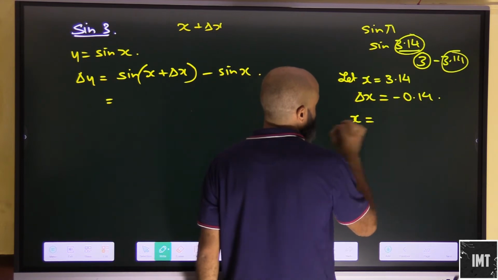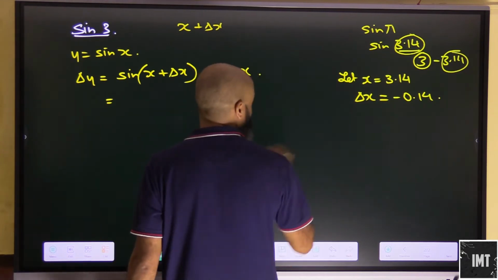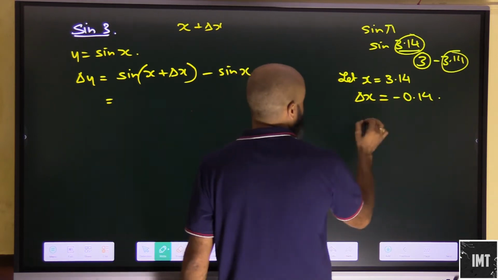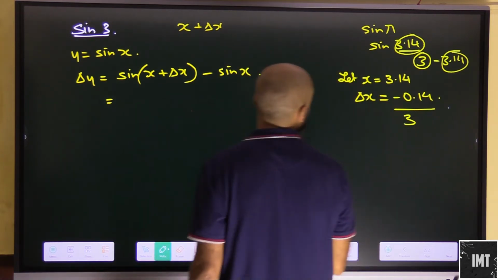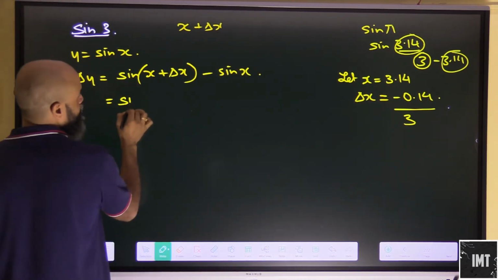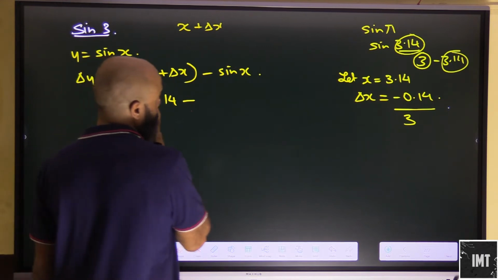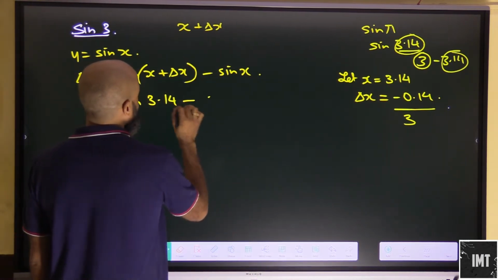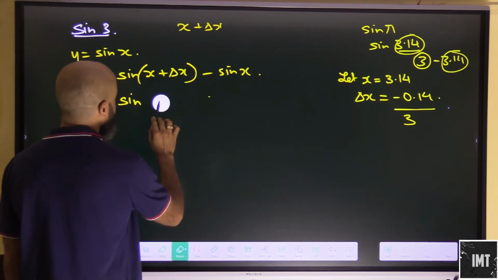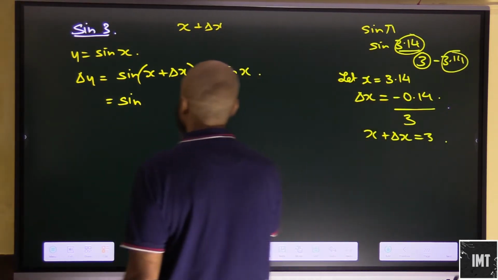Then x plus delta x is equal to 3, which is the value that we have to find.